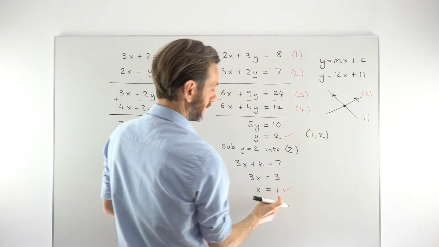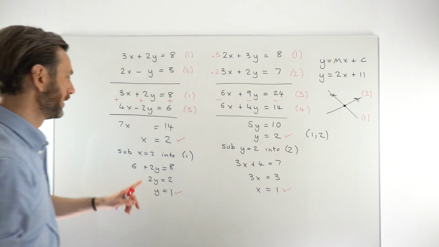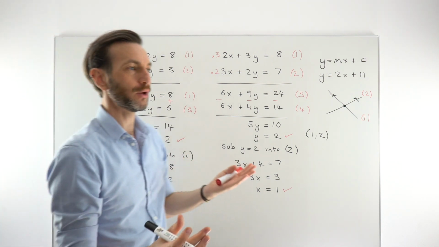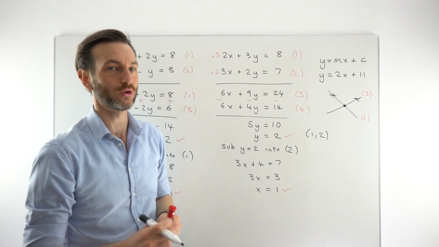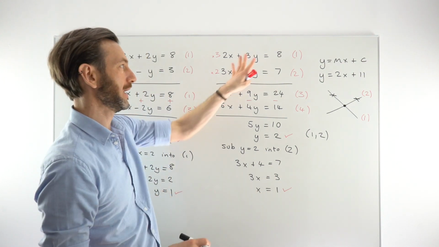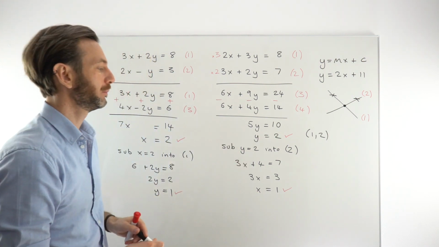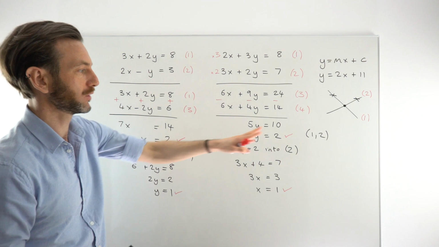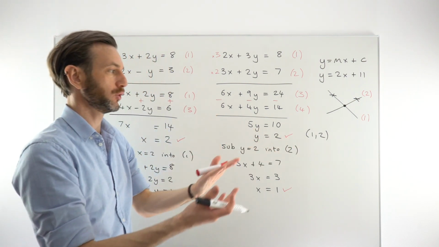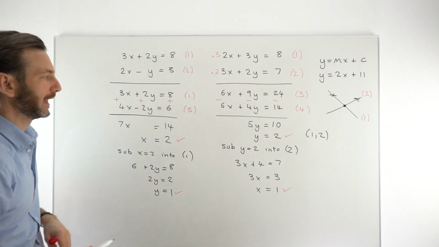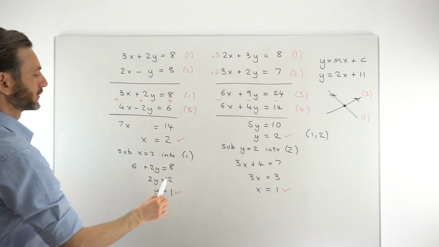You're actually finding a point 1, 2 in this case, point 2, 1 in this case, where these two lines meet. Sometimes the questions are not asked in that way. Sometimes it is just, here's two equations, solve them simultaneously. But just bear in mind that that is what you're actually doing in case you see a contextual question like that. For now though, focus less on that, focus more on learning this technique.